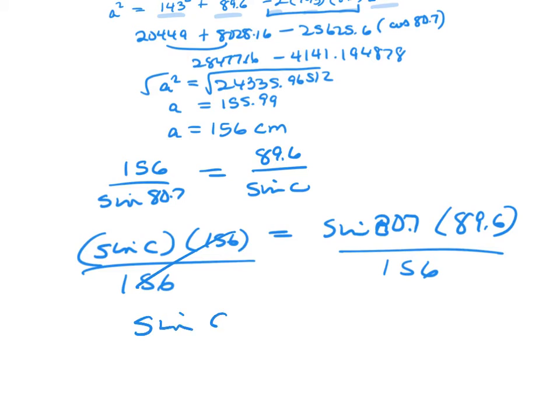Then for sine of C, I'll do this on my calculator: sine 80.7 times 89.6 divided by 156, and I get 0.566809431. Again, I'm looking for an angle measure, so I need to do the inverse function.